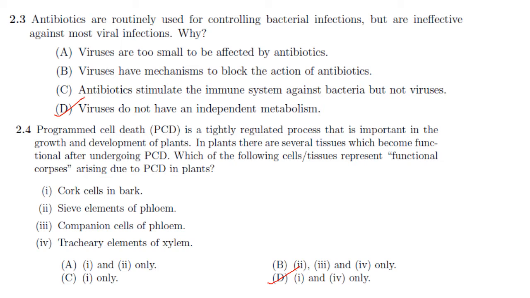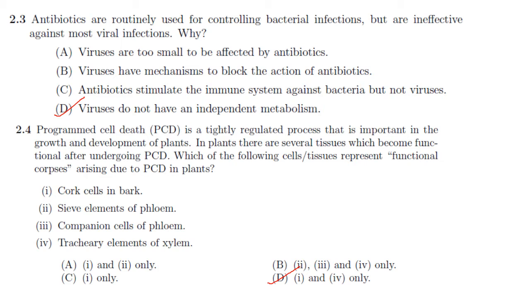Programmed cell death is a tightly regulated process that is important in the growth and development of plants. In plants, there are several tissues which become functional after undergoing programmed cell death. Which of the following cells or tissues represent functional corpuscles arising due to the programmed cell death in plant? Functional corpuscles means they are functional only after they are dead.